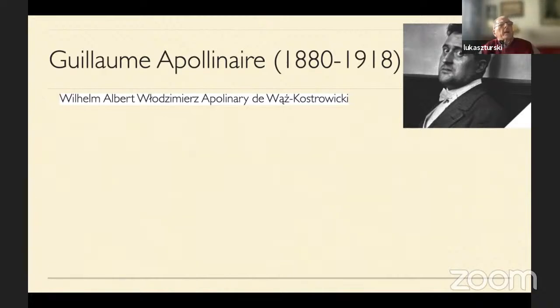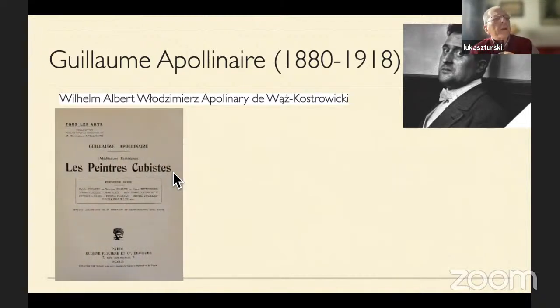Guillaume Apollinaire was an individual who actually not invented, but made the word cubism very popular. And that is a front page of an article written by Apollinaire in a journal, which was a literary journal he was an editor of. And that is where the word cubism appeared for the first time.